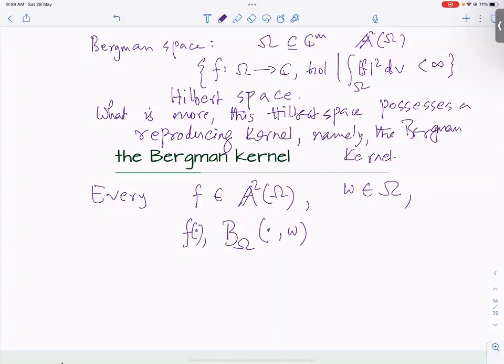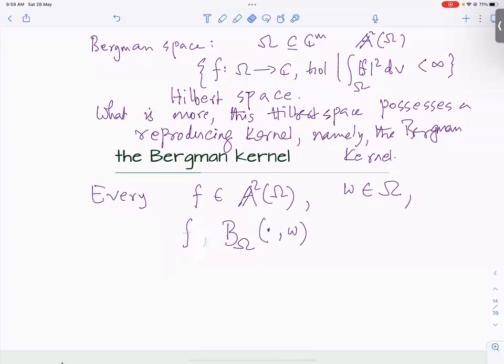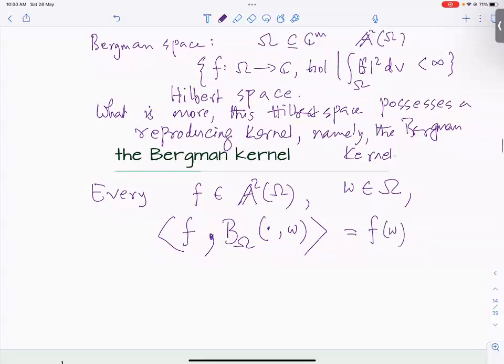So this is the variable which I am not writing. B omega dot omega. Well, okay, let me not write, just inner product I will write. So then I don't have to write. This inner product is actually F of omega. If you like, F is a function of some variable.